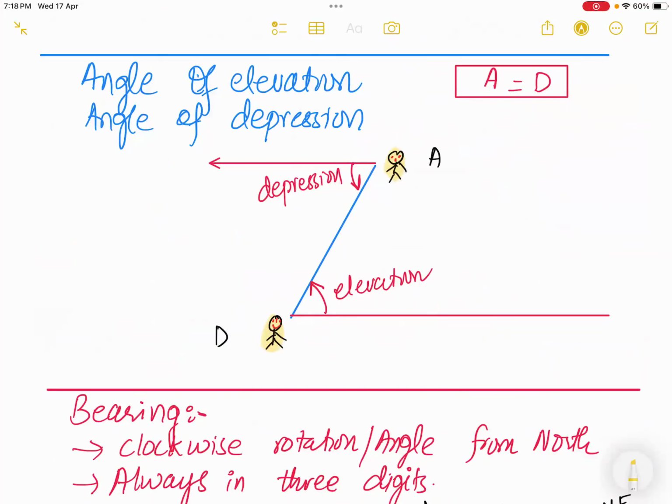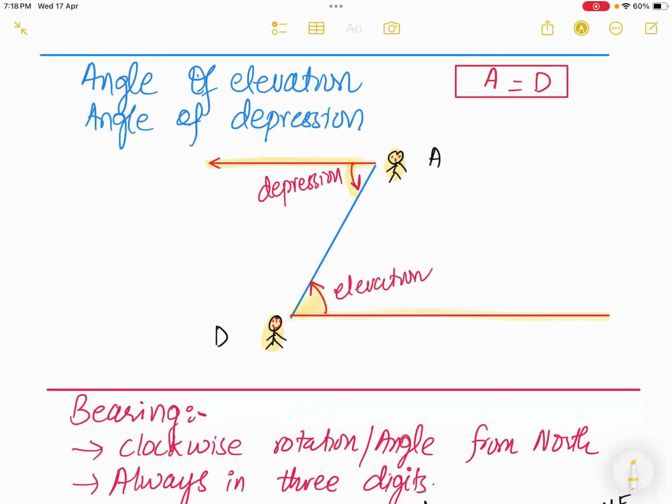For example, I rang the bell, and he is watching me from the top floor, and I'm on the ground floor. So his eyesight is going down, and my eyesight is going towards the door. When I ring the bell, if he calls me, I will look up and he will look down.